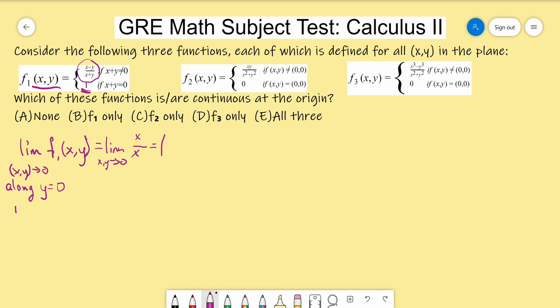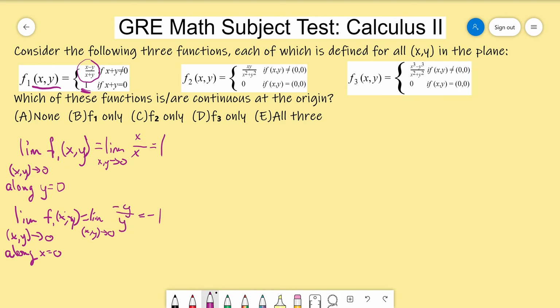Let's try to approach the origin along the y-axis. So let's take the limit as (x, y) goes to 0 along x equals 0. Now we're going to place x equals 0, so we'll have negative y over y.